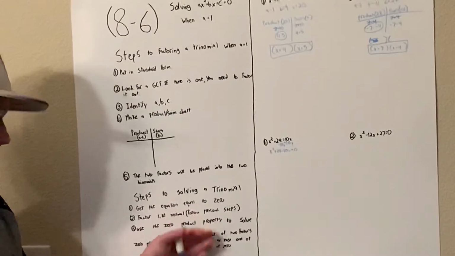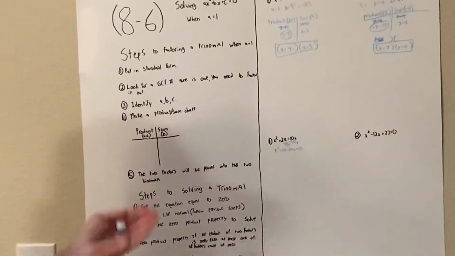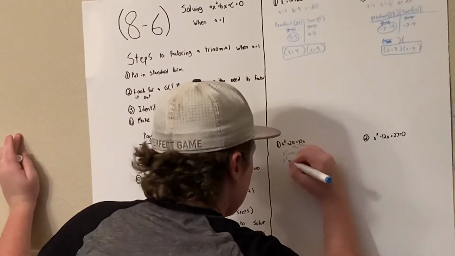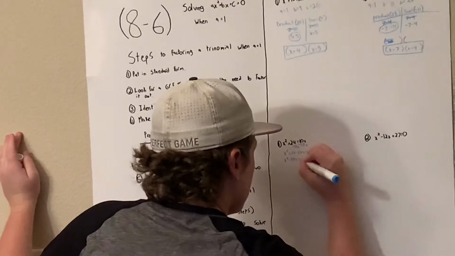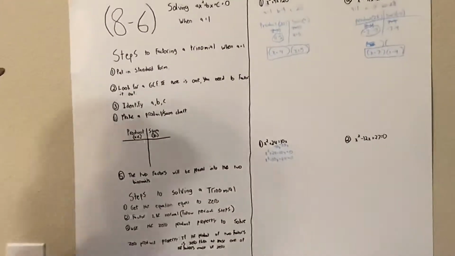Step 2, factor like normal, follow these steps. So you would put it in standard form. It is not in standard form, so get it to standard form. X squared minus 10x plus 24 equals 0. Now it's in standard form.